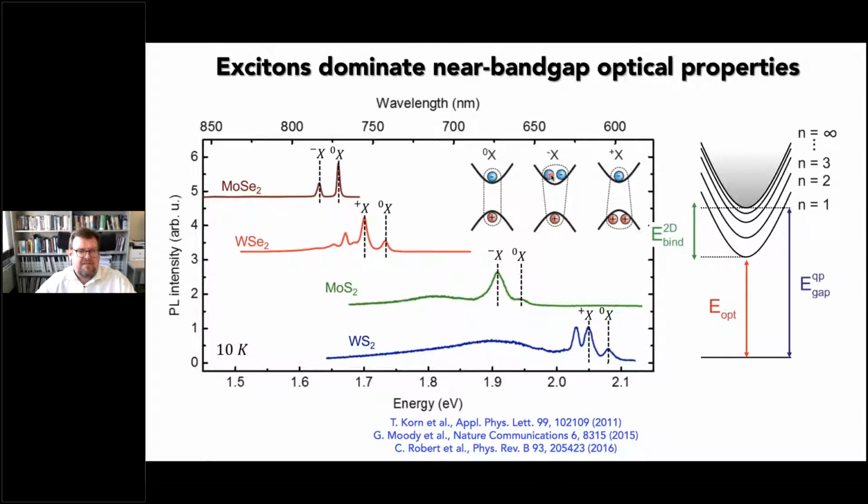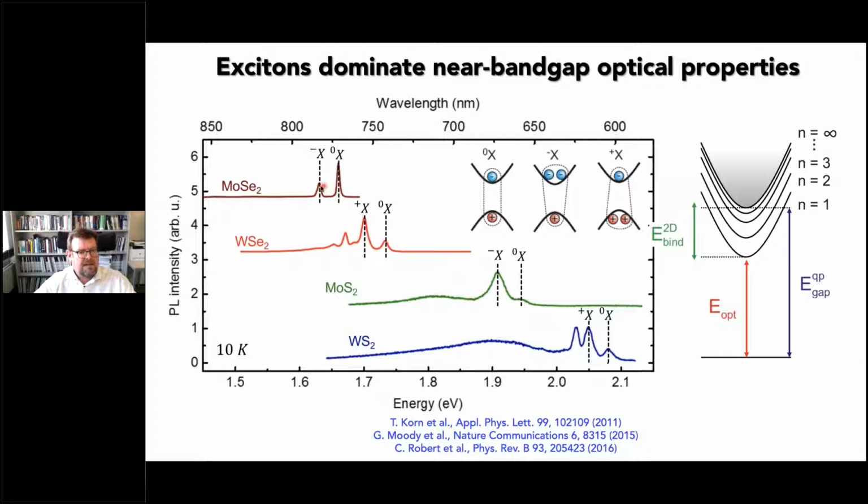particularly in naturally occurring crystals or lower quality crystals. The native defects in the material, sulfur vacancies for example, are enough to give you rather large background charge densities, and that can give rise to lots of 3-particle complexes called trions, which have a different binding energy. I just want to draw attention to the difference in energy between these different 2-particle and 3-particle states.